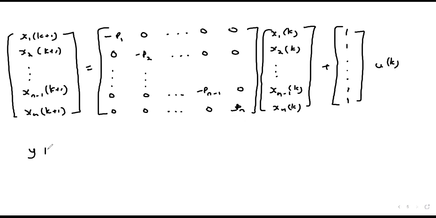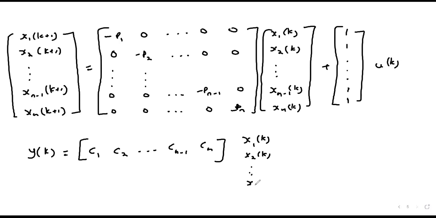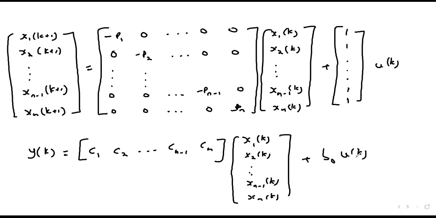The output equation is written as y of k is the matrix C, where C constitutes the residues of the poles as C1, C2, all the way to Cn minus 1, Cn, multiplied by x1 of k, x2 of k, all the way to xn minus 1 of k, xn of k, and the matrix D is a constant B naught u of k. And that is the diagonal canonical form of the state space representation of discrete time systems.